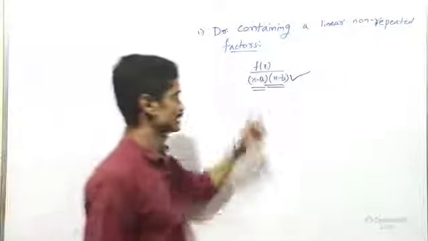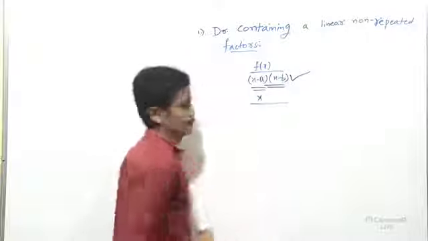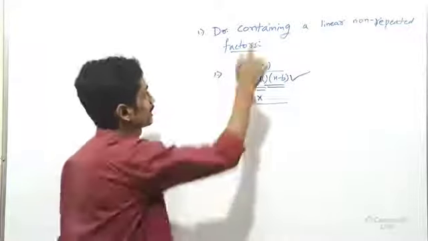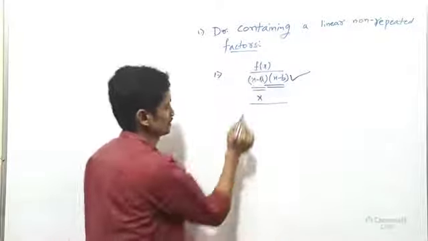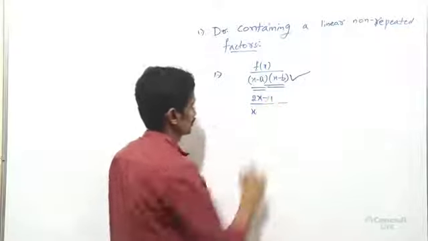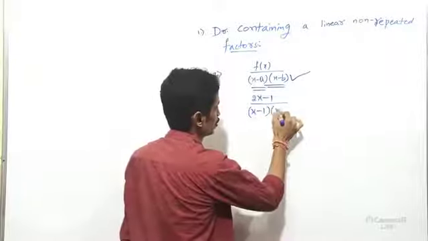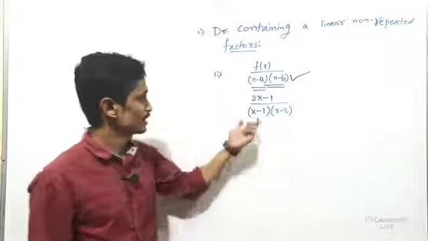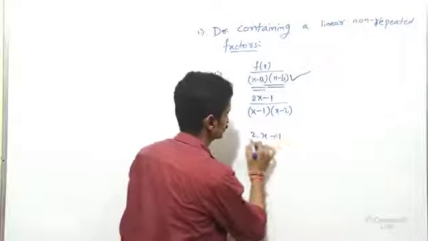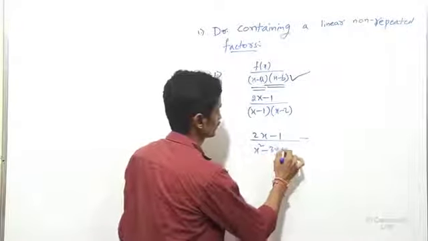Okay, one example I will take. This is rule number 1, the denominator containing a linear non-repeated factor. I will write 2x minus 1 divided by x minus 1 into x minus 2, yesterday's question. Sometimes we will get the question in this form, or sometimes like this: 2x minus 1 divided by x square minus 3x plus 2.